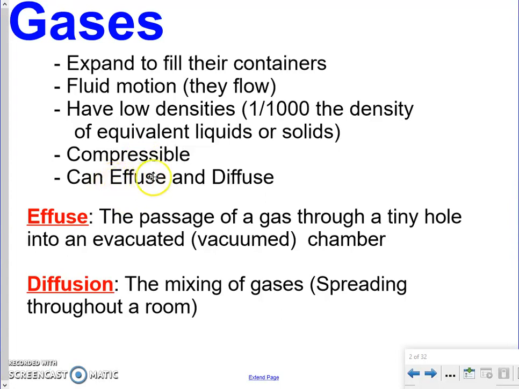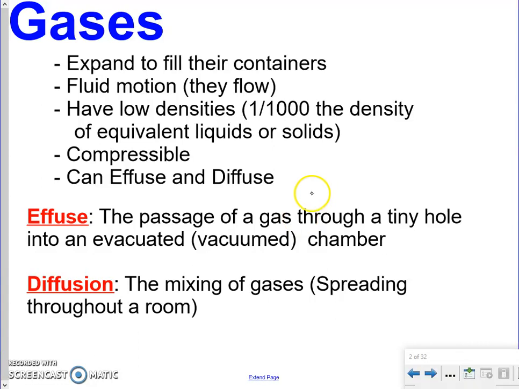And then we also have the words effusion and diffusion. Hopefully we remember those to some extent, but just in case we don't: effusion is very similar to diffusion, but there is a slight difference. Both deal with the spreading out of gases. Effusion is the spreading out of a gas through a tiny pinprick hole into a vacuumed chamber. In other words, let's say we completely empty a room of all gases and put a little pinprick hole into that room.